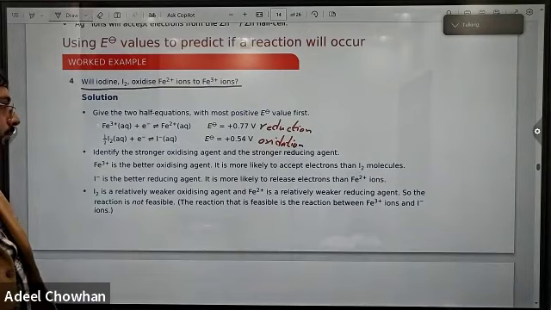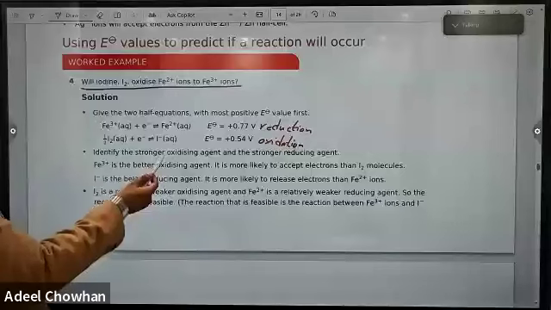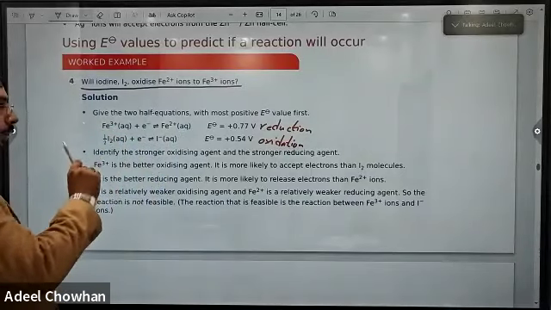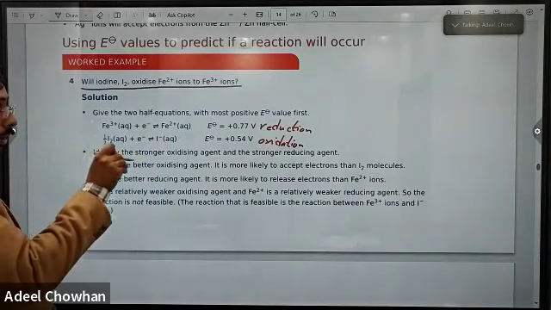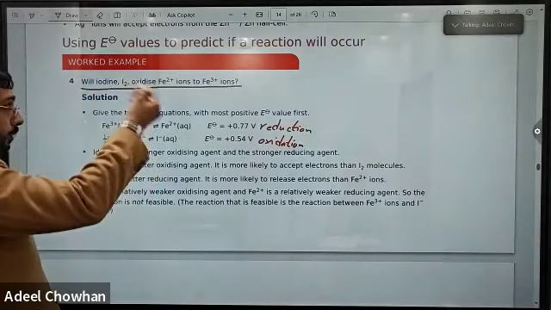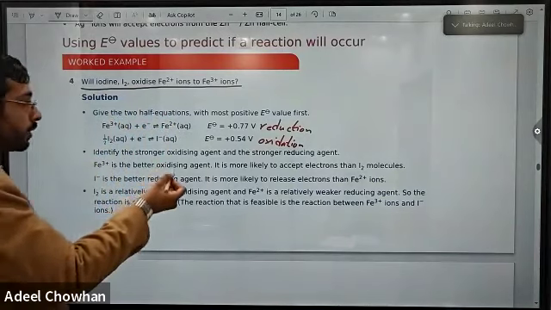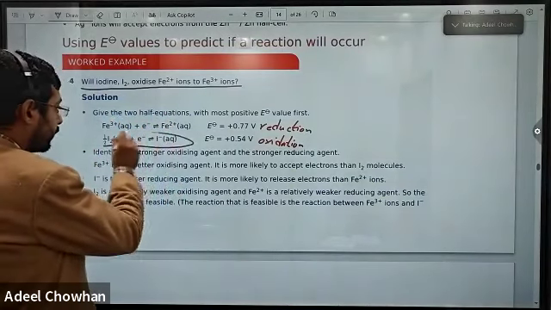Why? Okay, iron is going to be reduced and iodide is going to be oxidized. We are saying that iodine should oxidize the iron, which means the iron should be oxidized. But that's not the case.